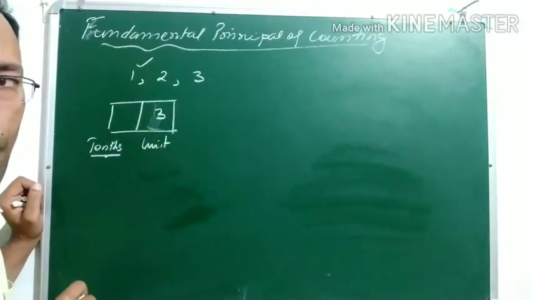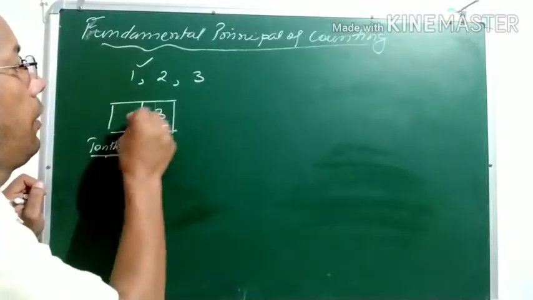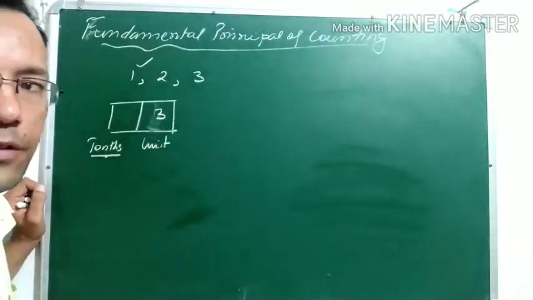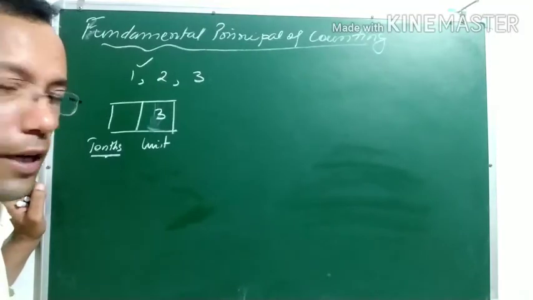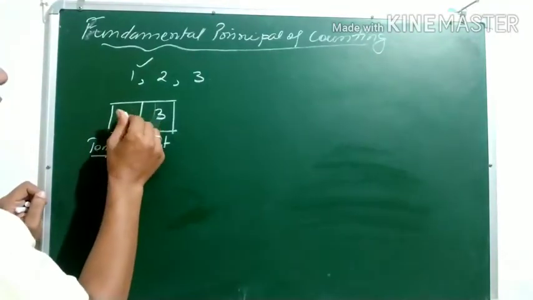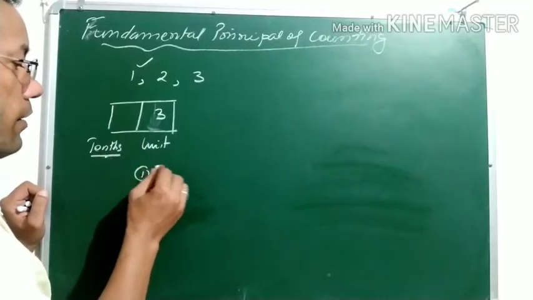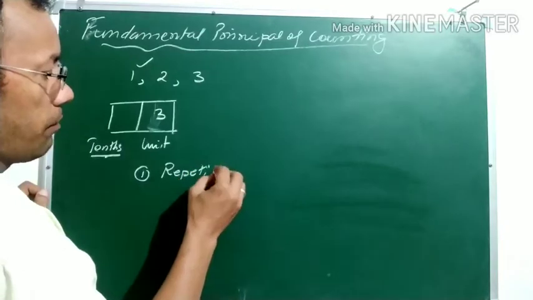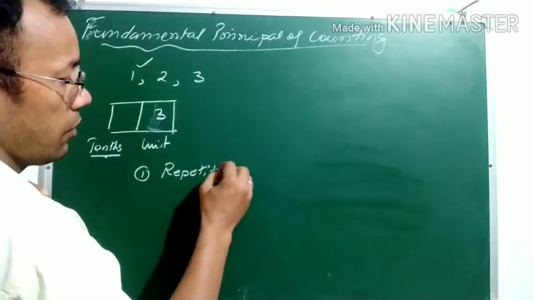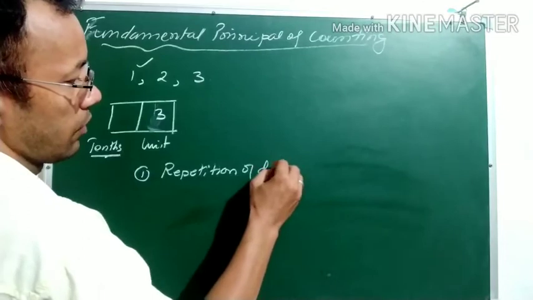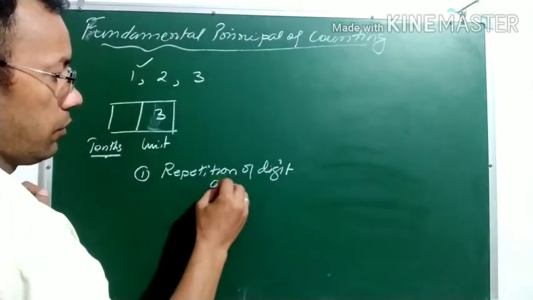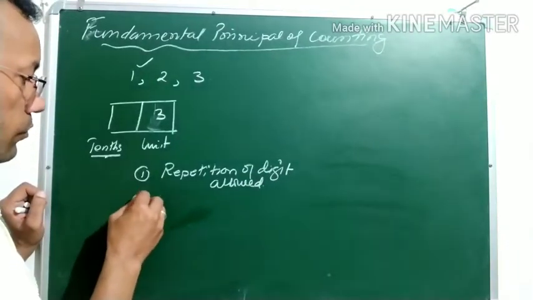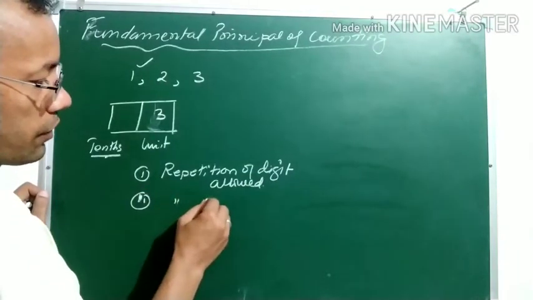Now, if I have the tens digit and I can write 3 again, or 2 again, or 1 again, there are 2 conditions. One is repetition of digits allowed, and number 2 is repetition of digits not allowed.